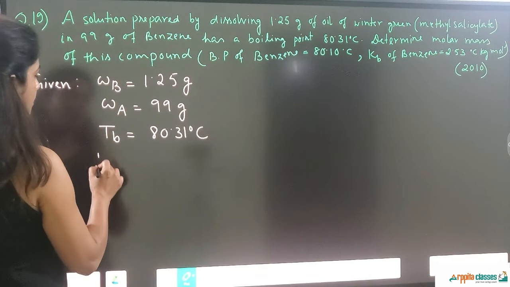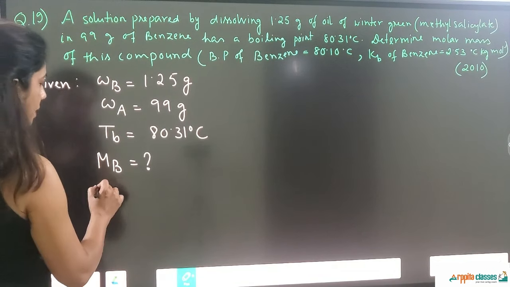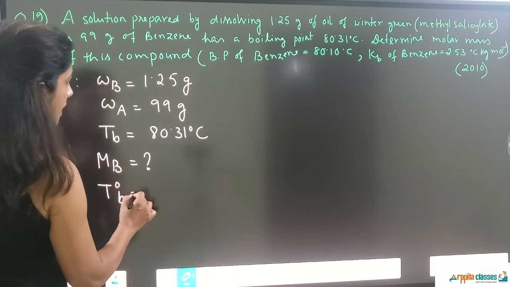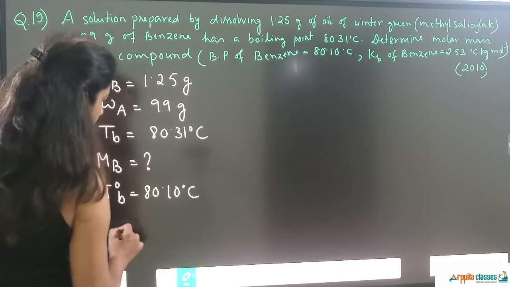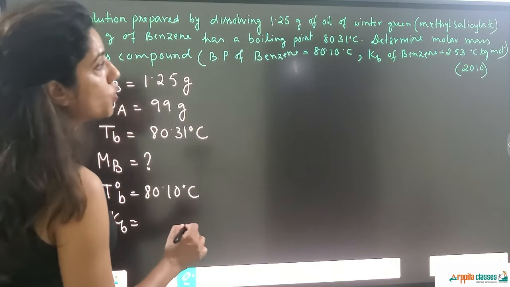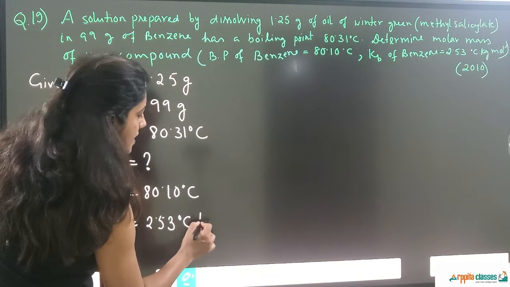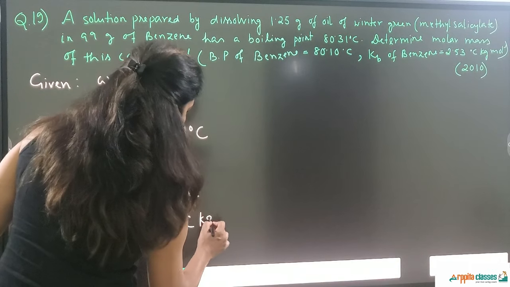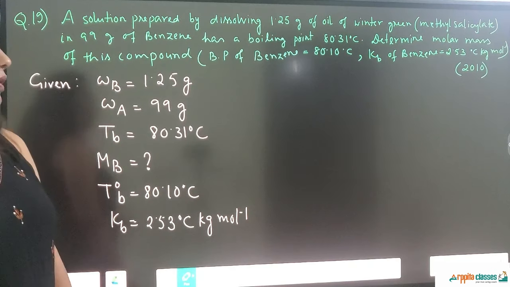We have to find the molar mass of the solute. Boiling point of benzene, T0B, is 80.10 degrees Celsius, and Kb of benzene is 2.53 degrees Celsius kg per mole. We have to find the molar mass.